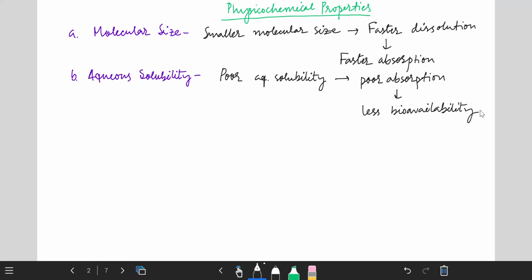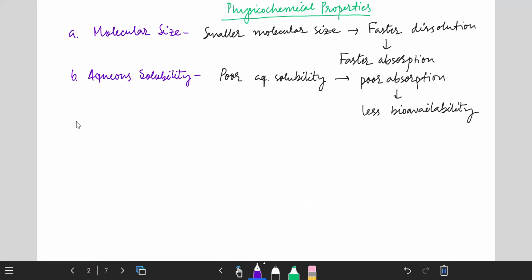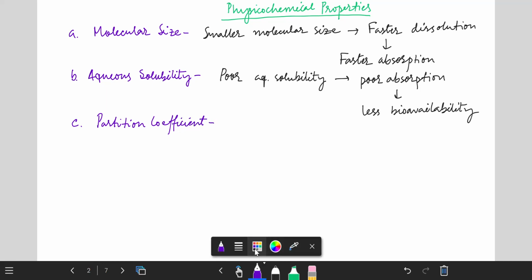Now the third point is partition coefficient. It also represents the lipophilicity of the drug.